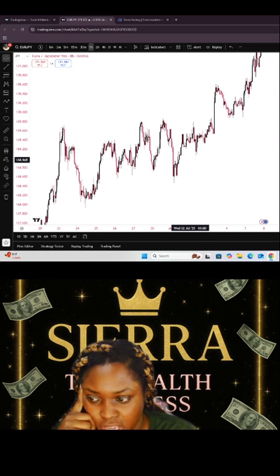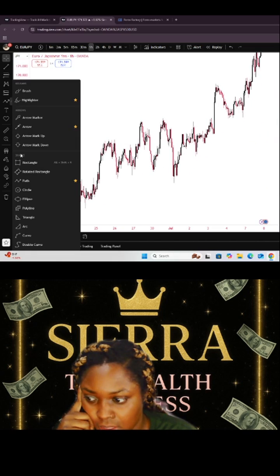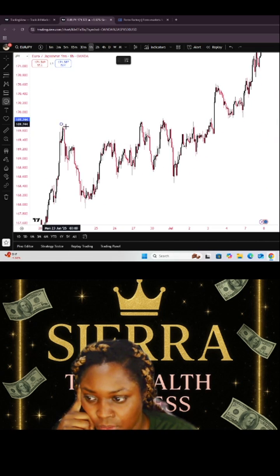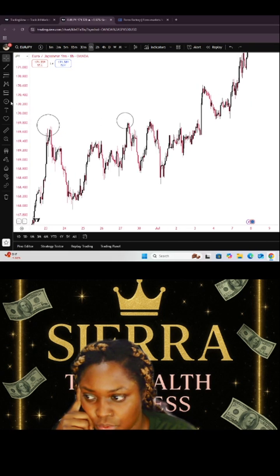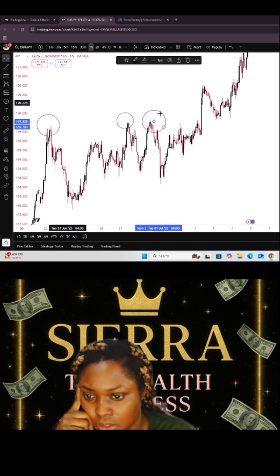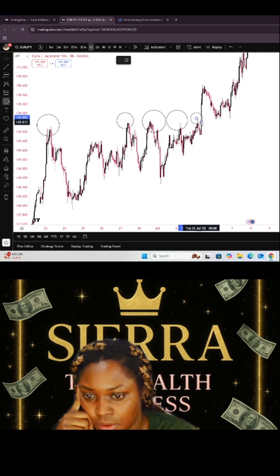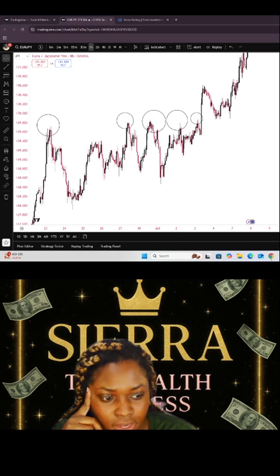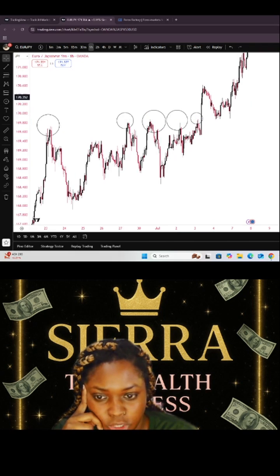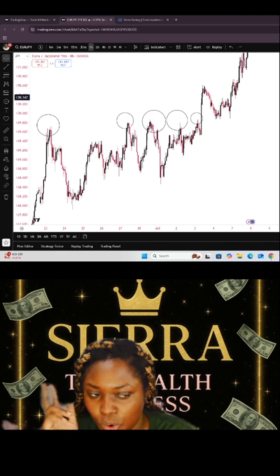Here on EJ, we had 1, 2, 3, 4, 5 areas of rejection, which gave us a support or a resistance area.